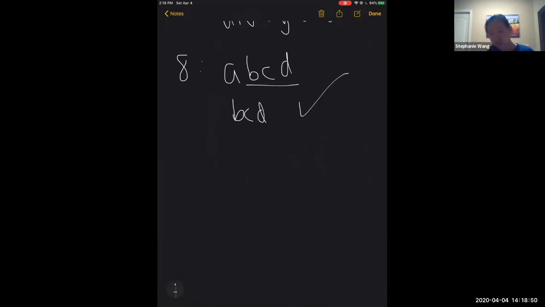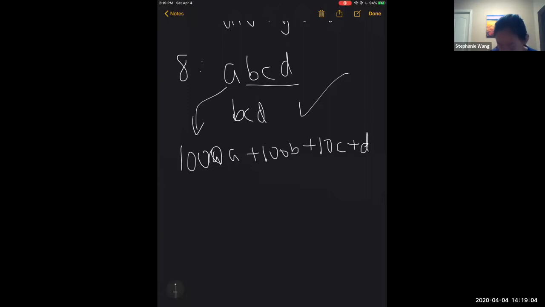And then for 8, it's similar to 4, but now you look at the last 3 digits. If we have ABCD, you look at the last 3 digits and see if this number, BCD, is divisible by 8. And if it is, then the whole thing is divisible by 8. The reasoning is similar: let's expand this, 1000A plus 100B plus 10C plus D. And we know that 1000A will be divisible by 8 because 1000 is divisible by 8.